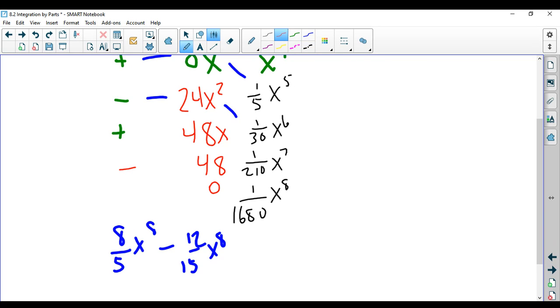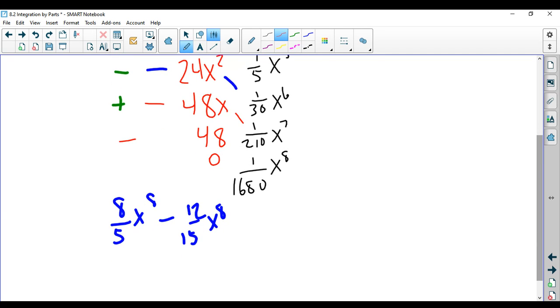Next is 48x times that. So we have 48 over 210. 48 over 210 reduces to 8 over 35.